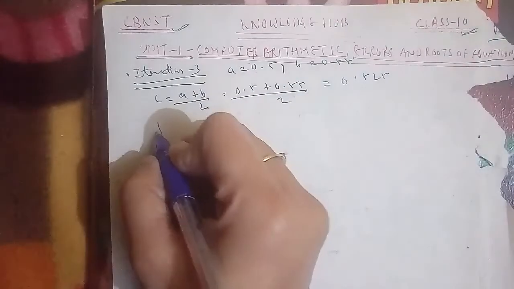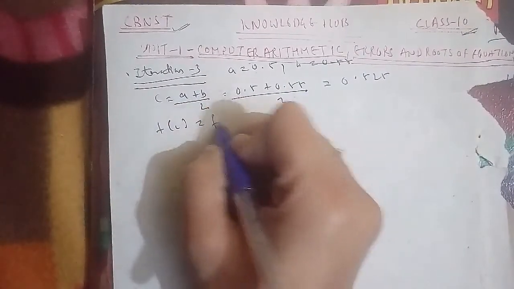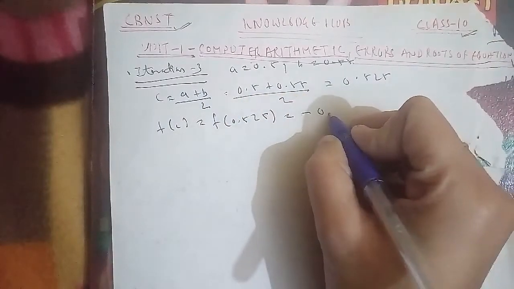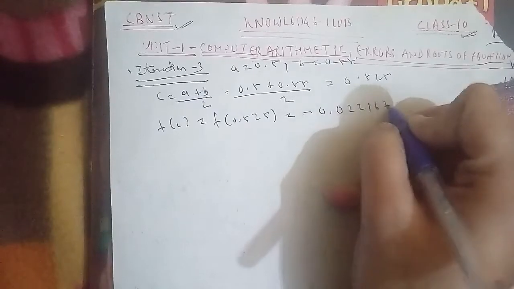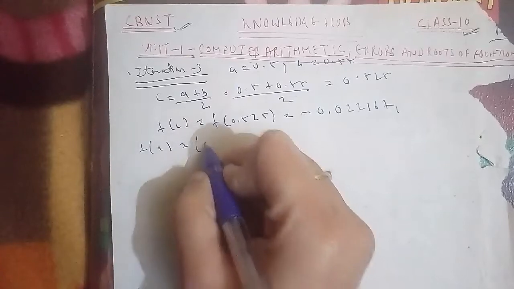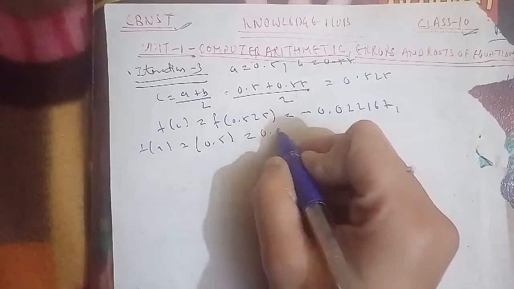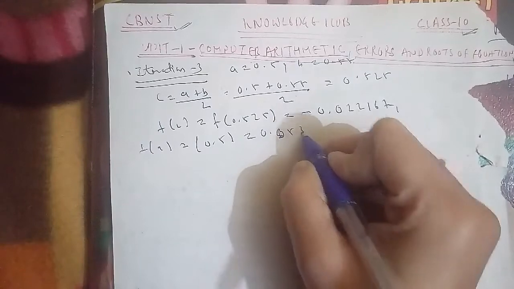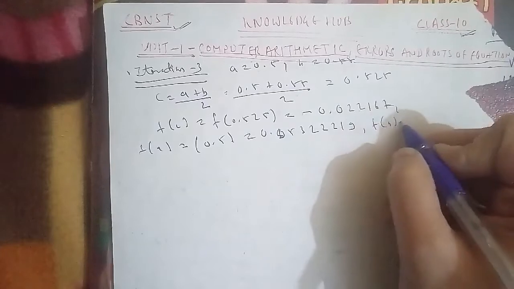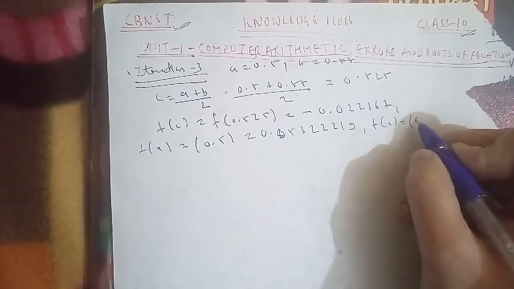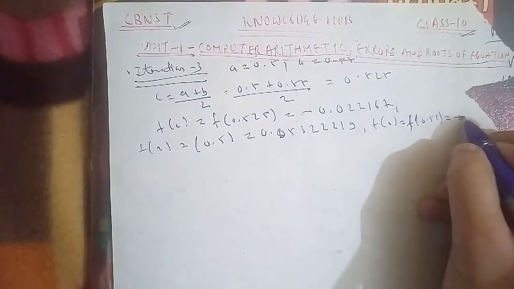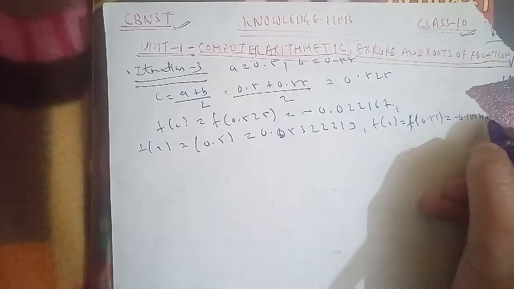So f of c equals f(0.525) equals minus 0.022167. f(a) equals f(0.5) equals 0.0532219. f(b) equals f(0.55) equals minus 0.100765.